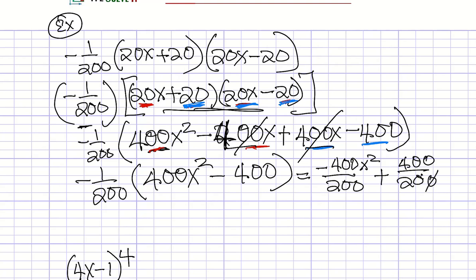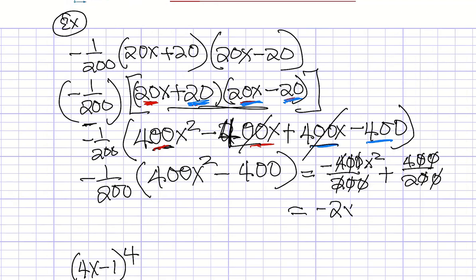You notice that? See, these cross themselves out. So it will be negative 4 over 2. Actually, let's do it instead of wasting time. 2 is going to cross 4, you get 2. So negative 2x squared plus, this crosses that, plus positive 2.